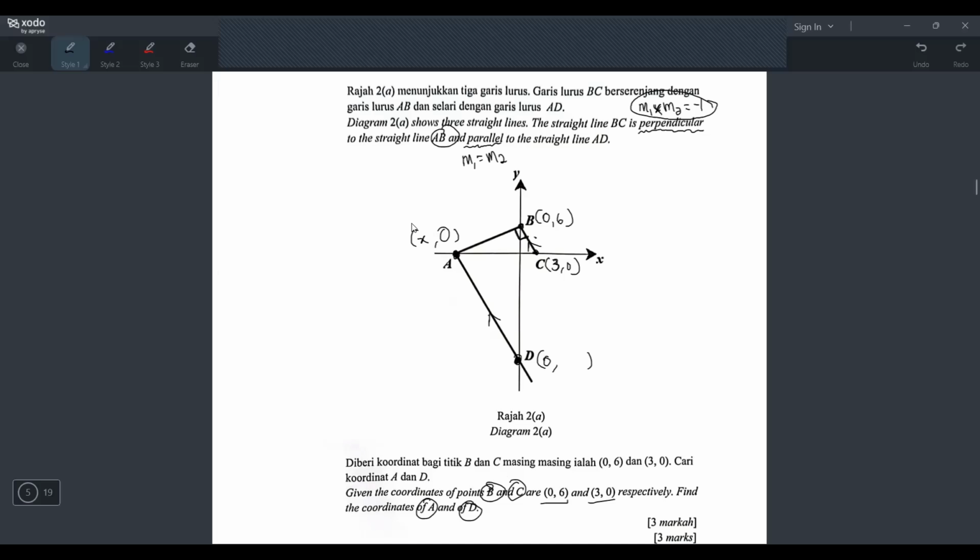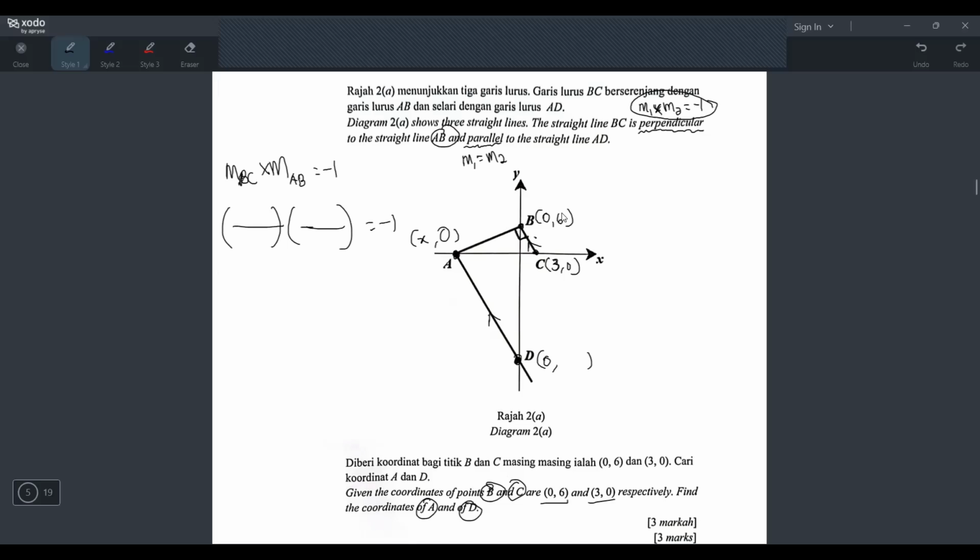We don't have the full coordinate for this one, but it's fine because I know the product is -1 after you multiply them together. So the gradient of BC times the gradient of AB equals -1 because they are perpendicular. I'll open a bracket here and another bracket here, equals -1.